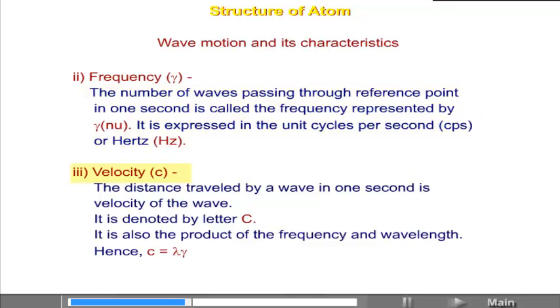Velocity c. The distance travelled by a wave in 1 second is the velocity of the wave. It is denoted by the letter c. It is also the product of the frequency and wavelength. Hence, c is equal to nu times lambda.